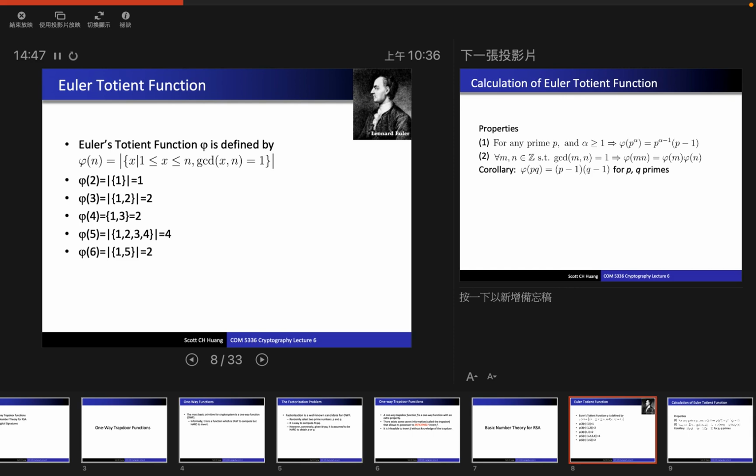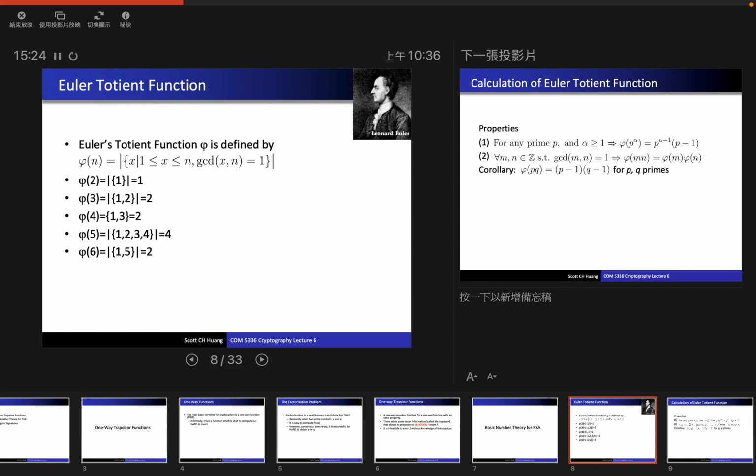We go over 1 to 6 and count how many numbers are relatively prime with 6. Only 1 and 5. You don't actually need to include 6, because 6 is not relatively prime with itself, so you only need to look at numbers smaller than it.